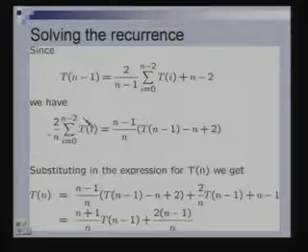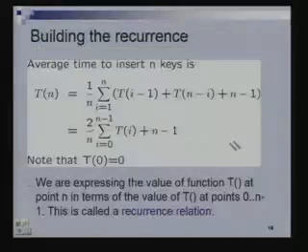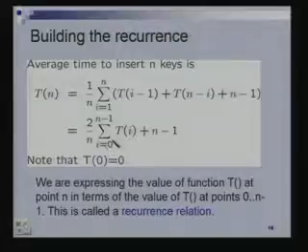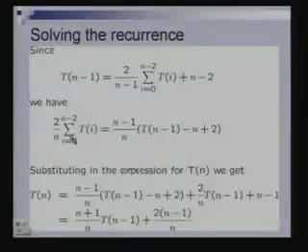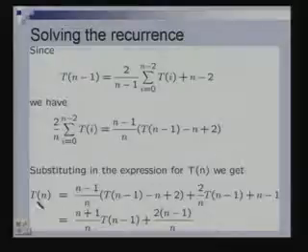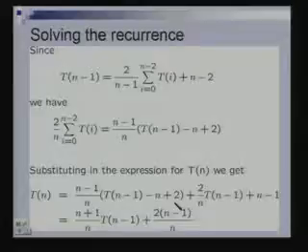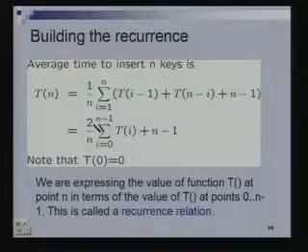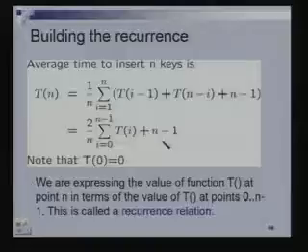I want to compute this quantity, right, because now I am going to substitute this in the previous expression. Note that what I have computed is 2 over n times the sum of t of i, i going from 0 through n minus 2, right. So I am going to substitute that part here. So T of n then becomes this sum here, and now what is left with me is T of n minus 1.